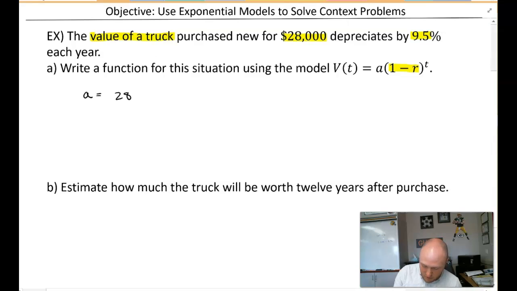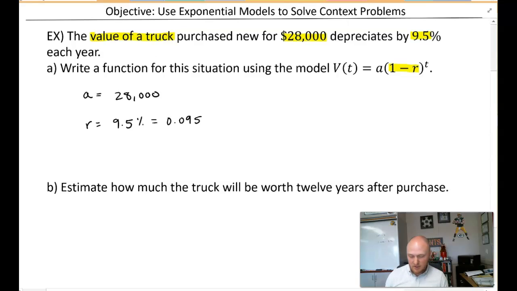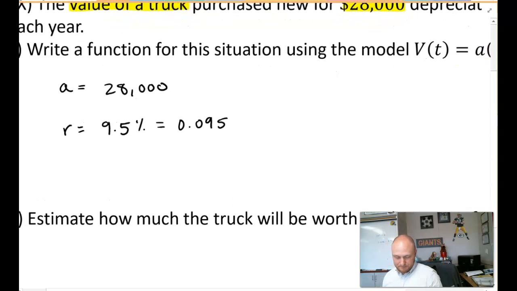So purchased new for $28,000. That's the A value. Our R value, the rate, it's depreciating at 9.5%. So we'll convert that to a decimal. So 9 and a half percent, 0.095.